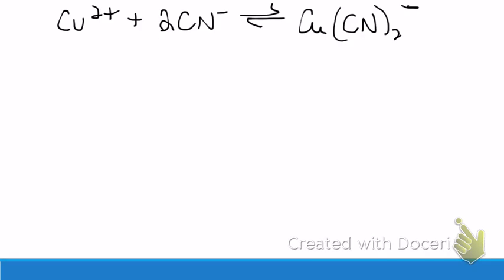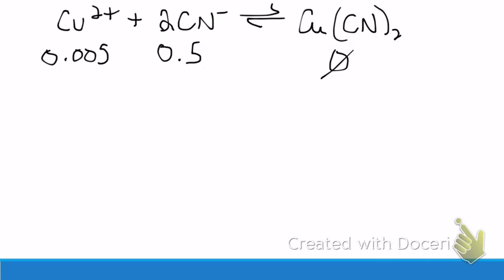And then we put in our initial concentrations. We have our initial concentration of copper we calculated, 0.005, and our initial concentration of cyanide at 0.5 molar. And of course we start with no initial complex ion.